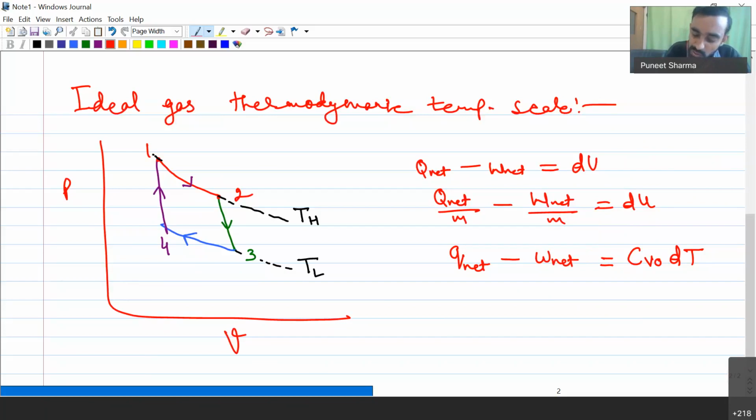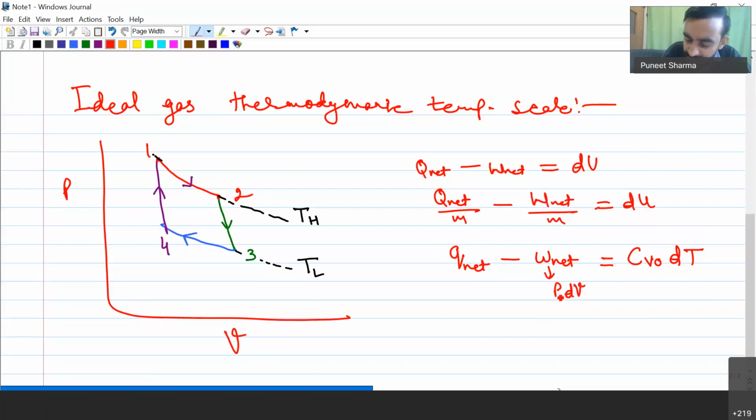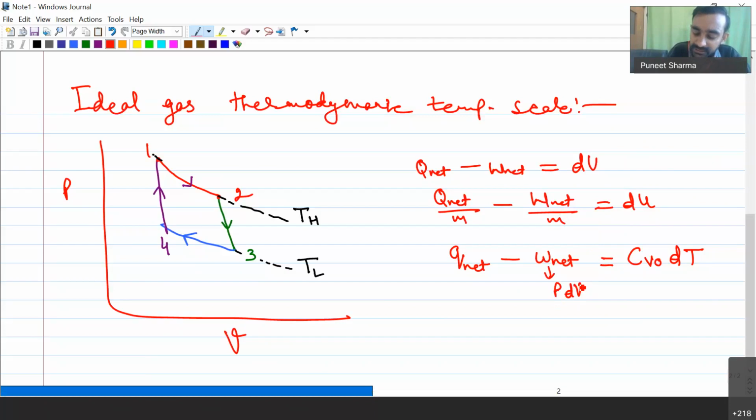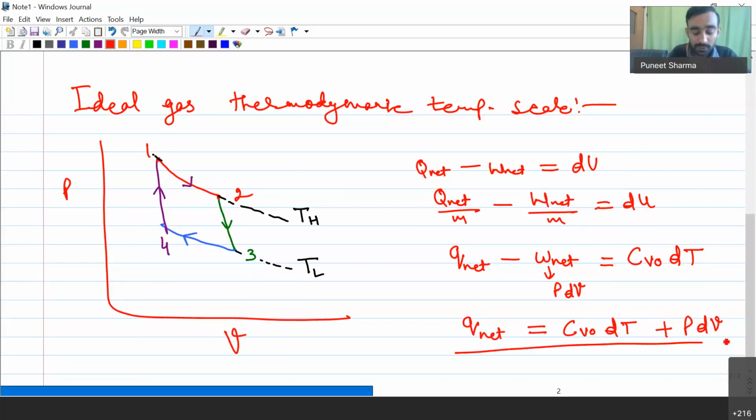We know that in a closed system, work done is equal to P into dv, where small v is the specific volume. So finally my equation is that the net amount of heat transfer is equal to Cv naught into dT plus P into dv. This is my generalized form of the first law of thermodynamics, particularly if our working medium is an ideal gas.